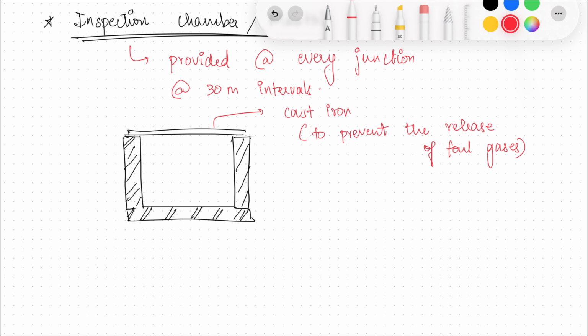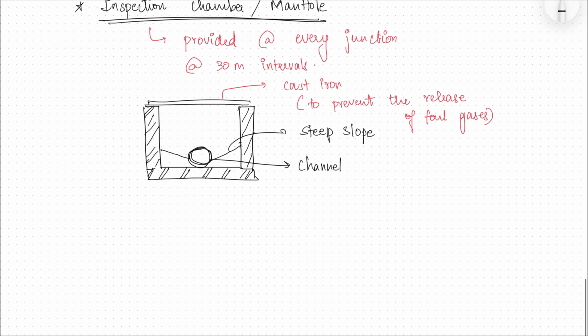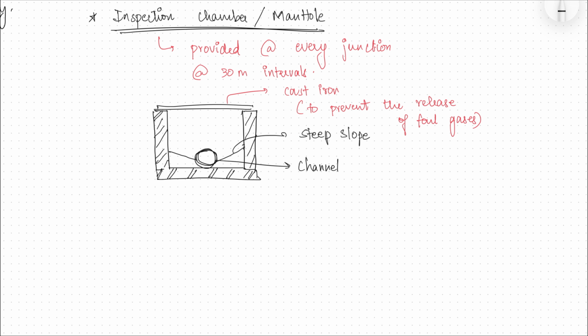And if you see inside the pit, it has a steep slope towards the center, which has the open channel. So, this is your channel, and this is your steep slope. So, this is your manhole or inspection chamber.